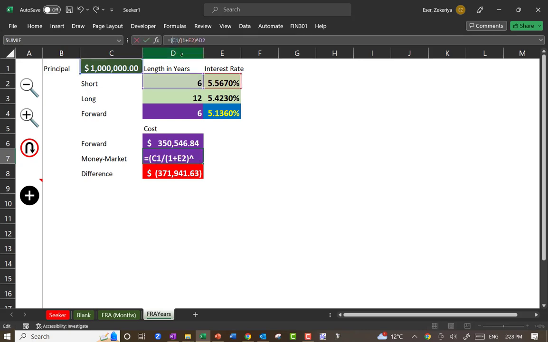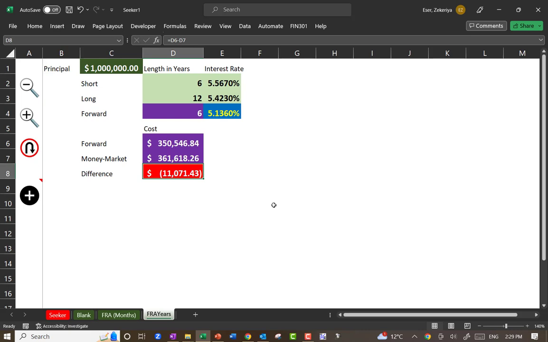And let's invest that money. Let's calculate the cost of borrowing at the long rate, 1 plus the long rate raised to the power long length. And from all of that, I'm going to deduct this one. So that's the difference.